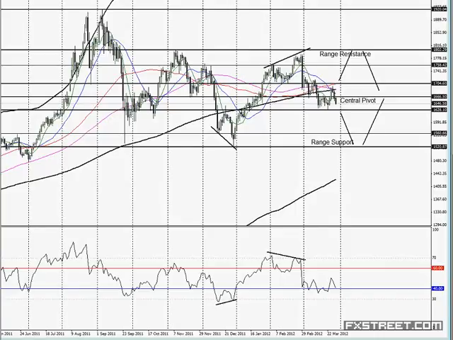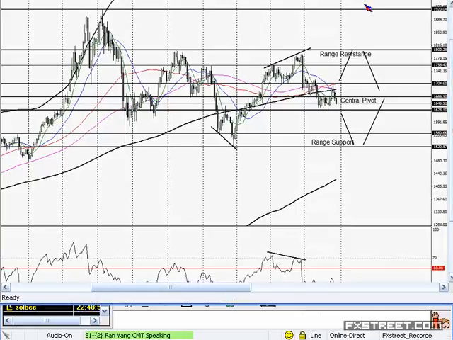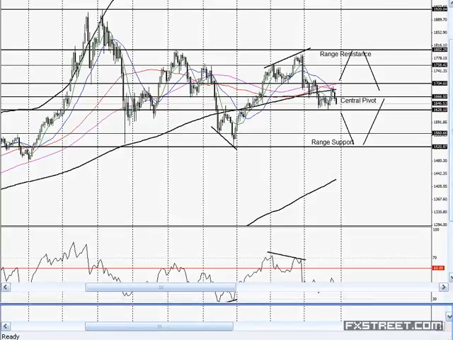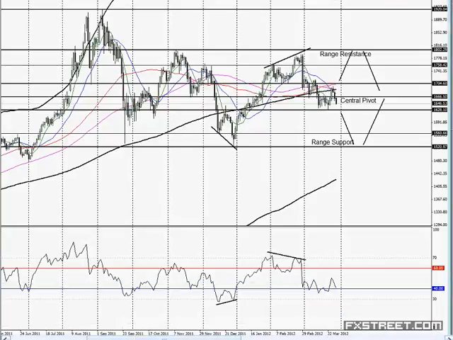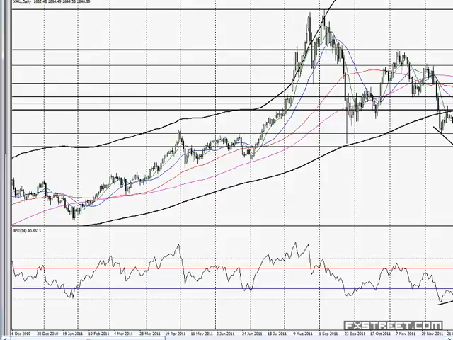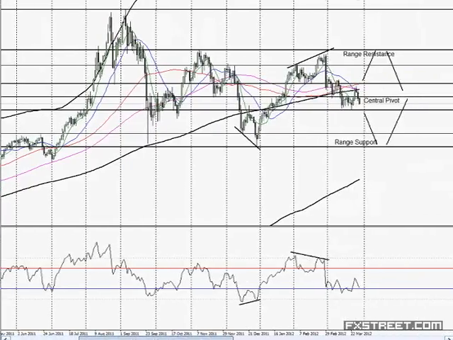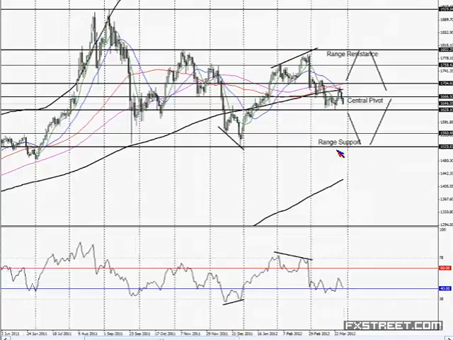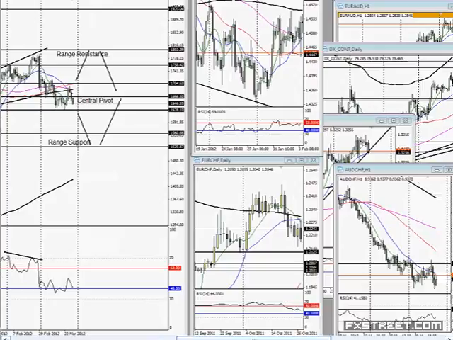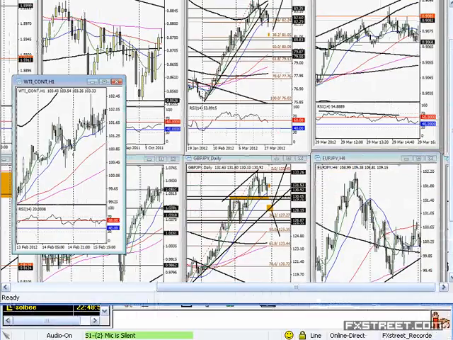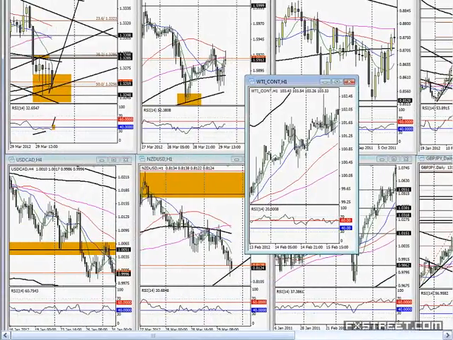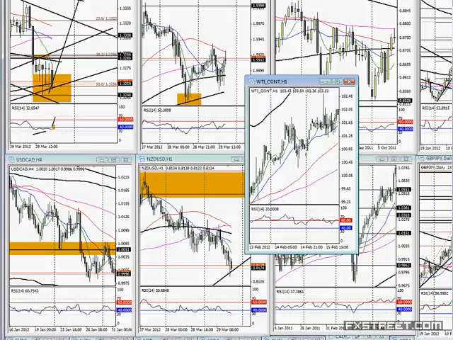And finally, after gold, let's look at oil. I have the WTI. This is the 1 hour chart. Let me go to the 4 hour chart.